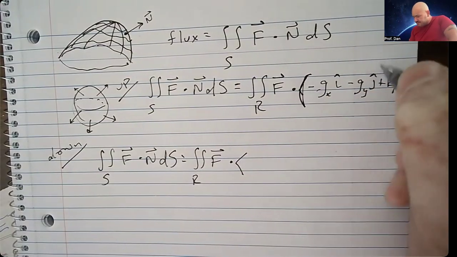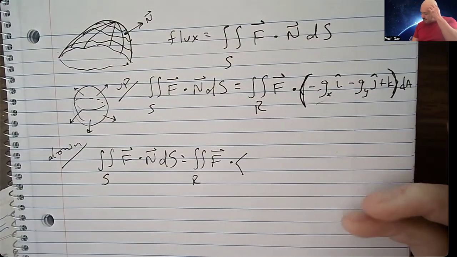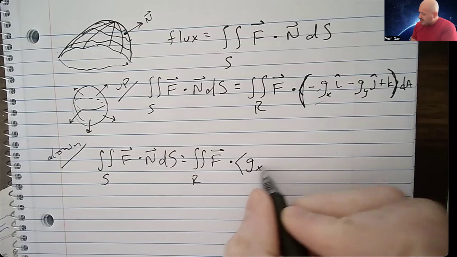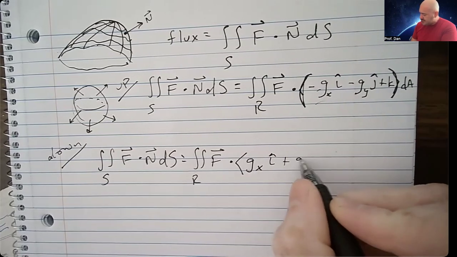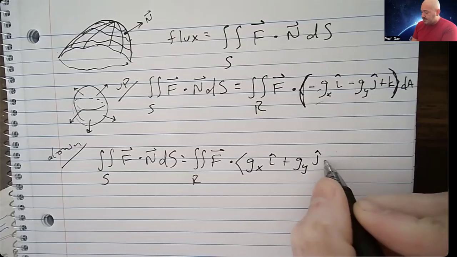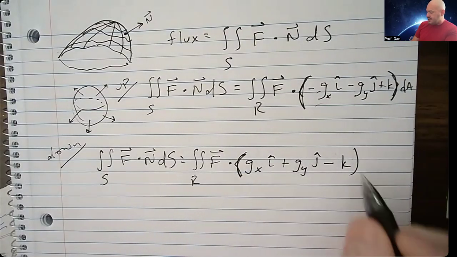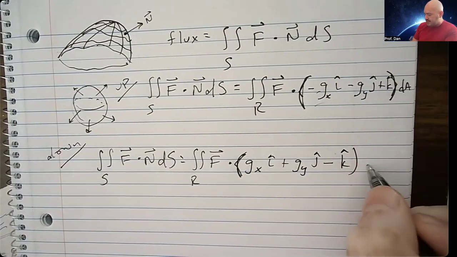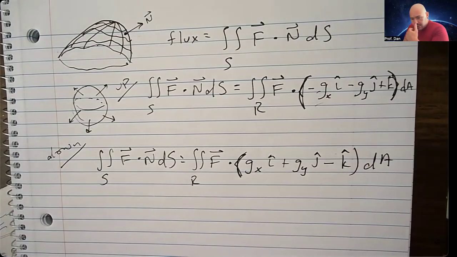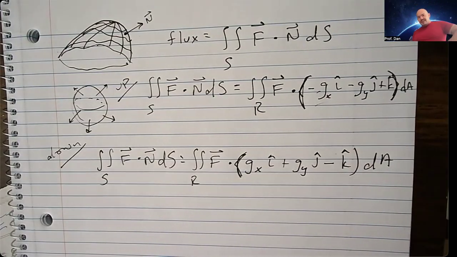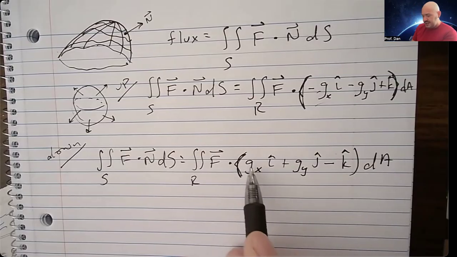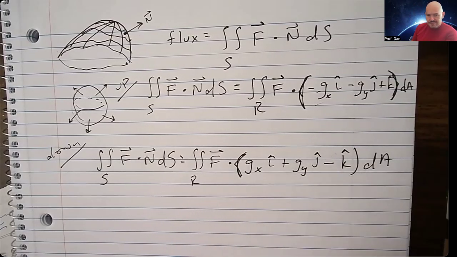Wait, what did I write? Yeah, mixing notations there. So we get positive gx i plus gy j minus k, and not pointy brackets because we're using unit vectors, dA. And again, this gx, gy is the same thing that we looked at earlier, where we take the equation that models the surface, isolate z, and then take partial derivatives. That's how we get these components.